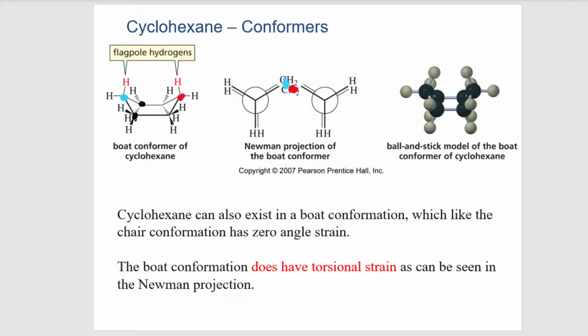And the 2 carbons we're looking at in the Newman projection are shown here because my eye is looking at this molecule from the barn door side, not from the side of the barn. I'm kind of going around perspective-wise and looking at it from the other angle. And then you can see that everything is pretty much eclipsing one another. So although we don't have angle strain for the boat conformation, what gives it the higher energy is the torsional strain.